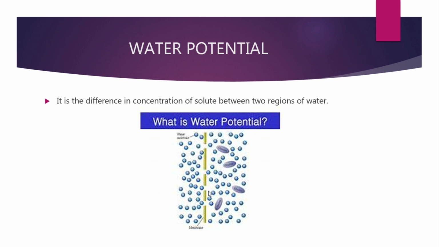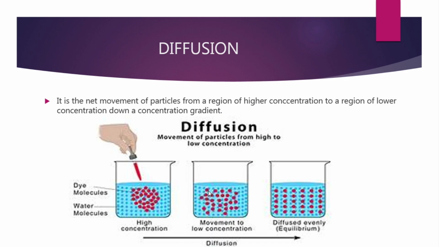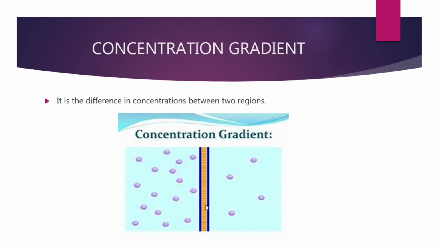So the next thing we need, but I forgot something to tell. Now there are some factors that affect the rate of diffusion. If the concentration gradient is steeper, for example, if on the left side there are 10 purple particles, and on the right side there are 4 purple particles, the concentration gradient is not that steep.